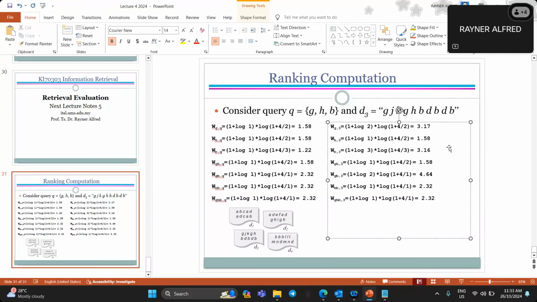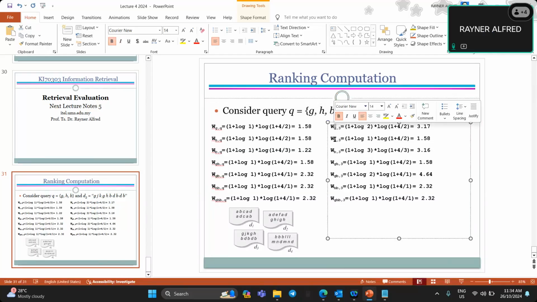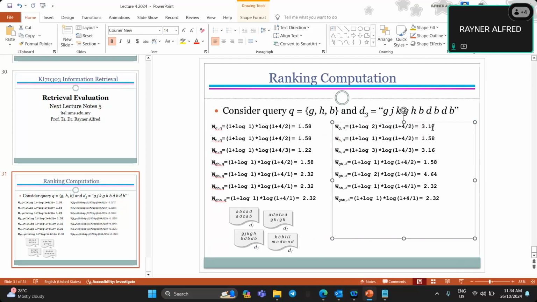Okay, so what is the length of the document? We look at this one only, GHB. So the length of the document will be looking at G and also GHB. We take the square root of this, right?